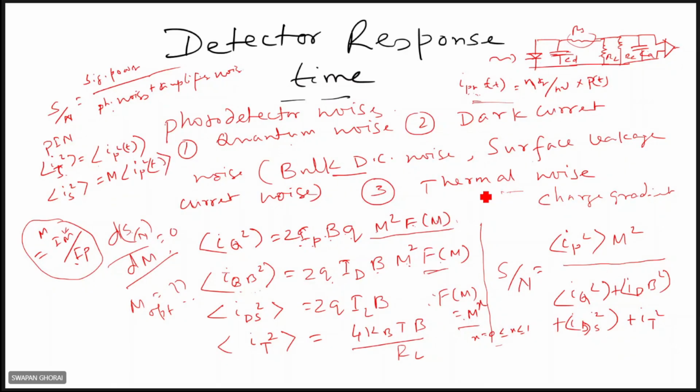Next is surface leakage current. This will be present for both pin and APD, and it is because of surface defects, cleanliness, supply voltage variation, etc. It can be minimized by a special ring structure, just like the eddy current I discussed last time, so it can be filtered out using a special ring structure. The surface leakage current noise is 2Q IL times B, where IL is the average value of the surface leakage current. Here the M squared FM term is not present, because it occurs at the surface and the avalanche process is a bulk process.